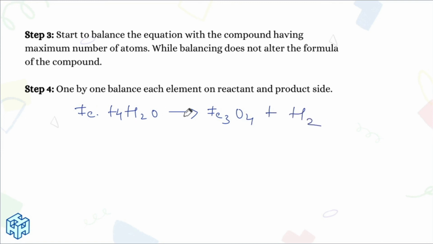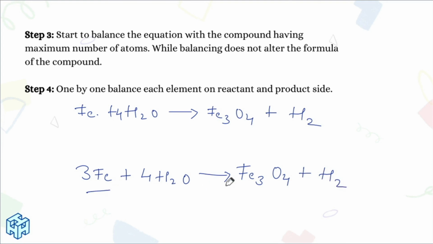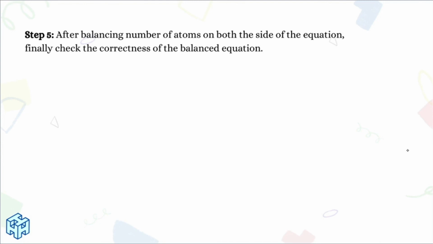Now how much do we have? Here 3, make it here also 3, so we get 3Fe plus 4H2O. Now Fe3O4 plus H2. How many elements? 3. This is 4, 4, perfect. What is imbalanced here? This has become 8. Just add it here. Sir, are you able to see?